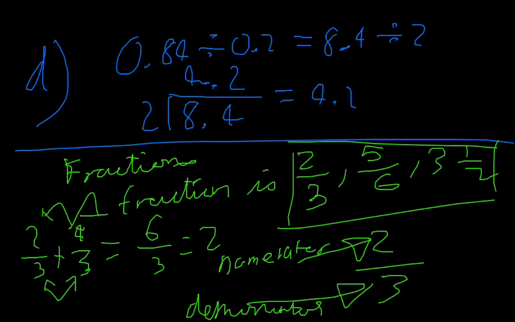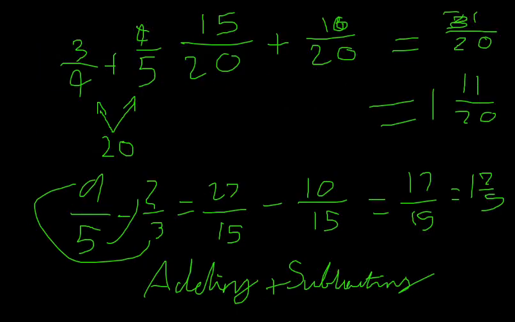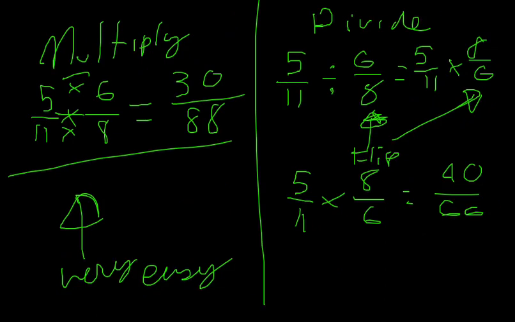Here we did the DM, and we started into fractions here with the numerator and the denominator. Here we did addition and subtraction. And here we do multiplying and dividing.